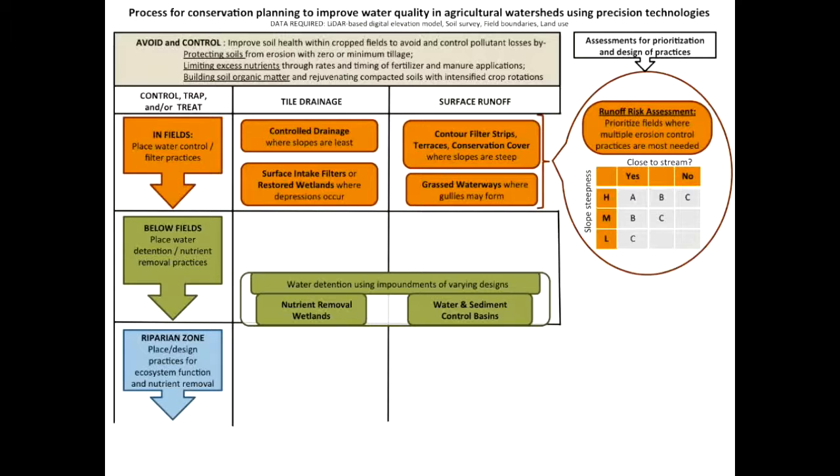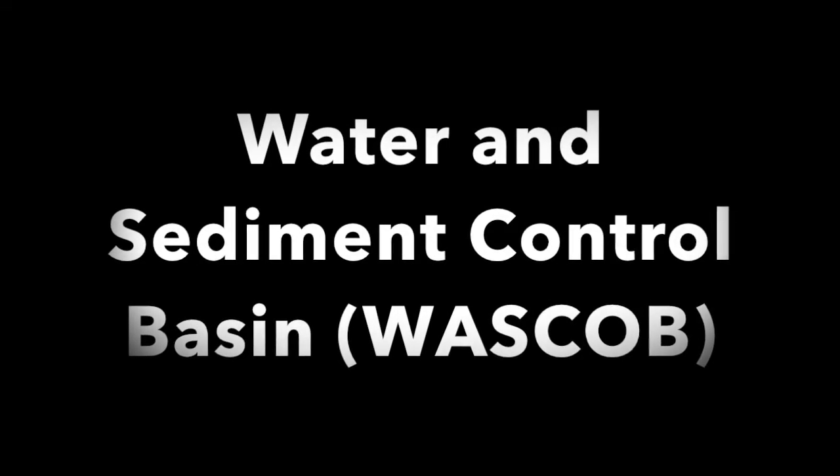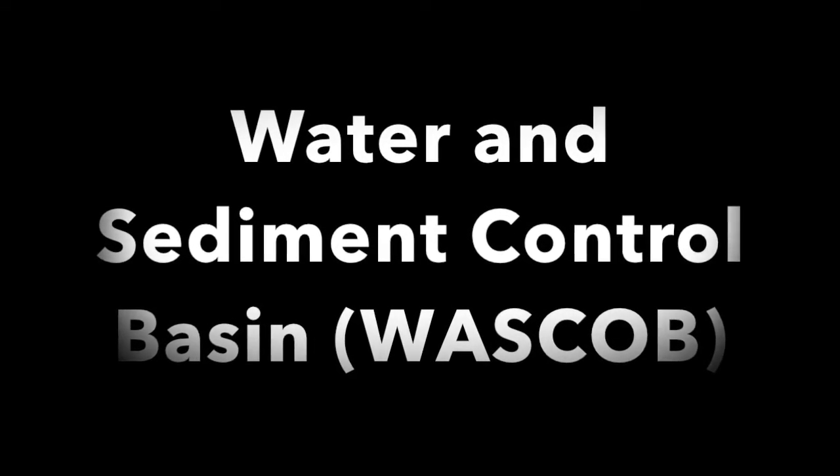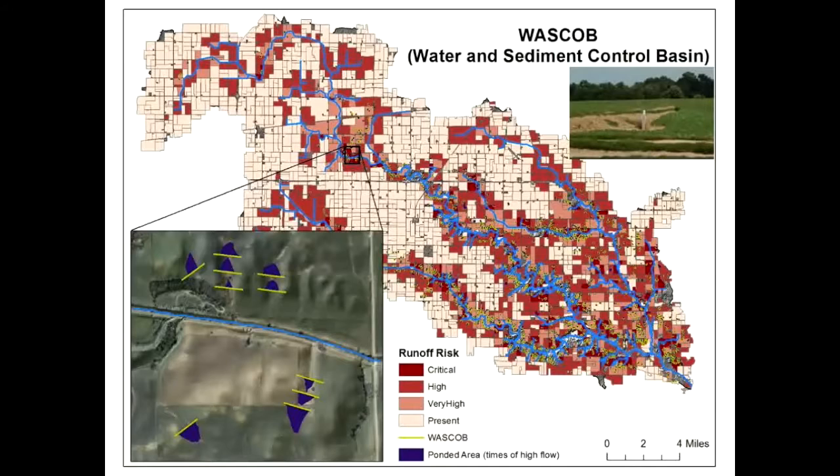Essentially this is a terrace built across a waterway. There'd be an inlet on the upper side of it, and it's essentially a runoff detention basin for temporary storage of runoff. You can see we can place several of these along waterways in different parts of this watershed, and again, focusing on those steeper fields closest to the stream.